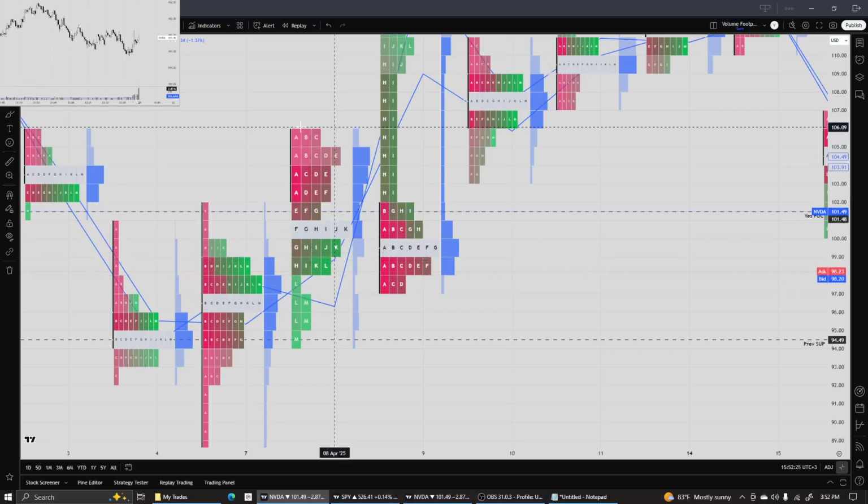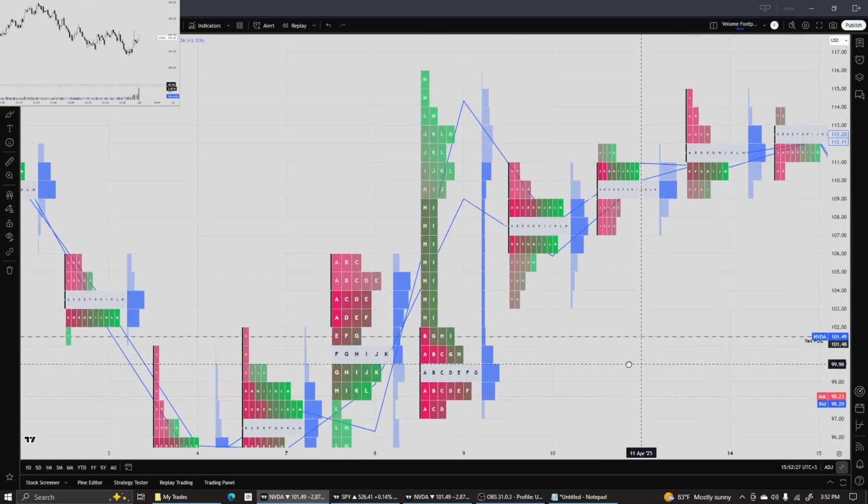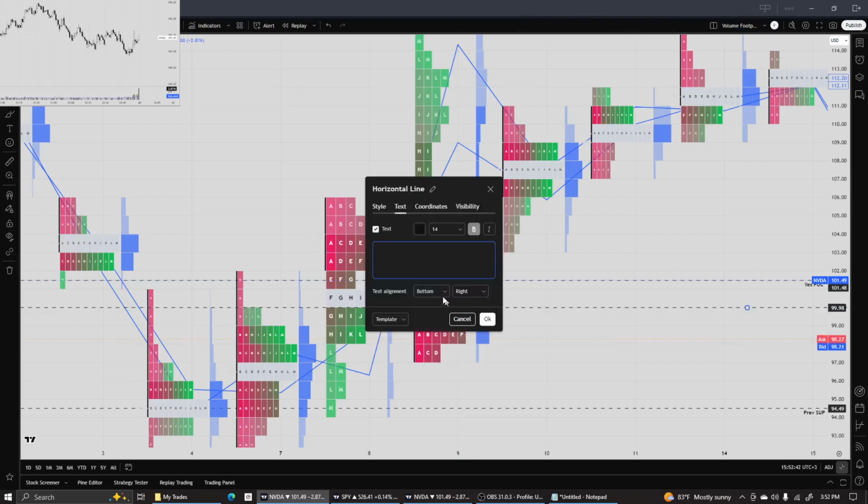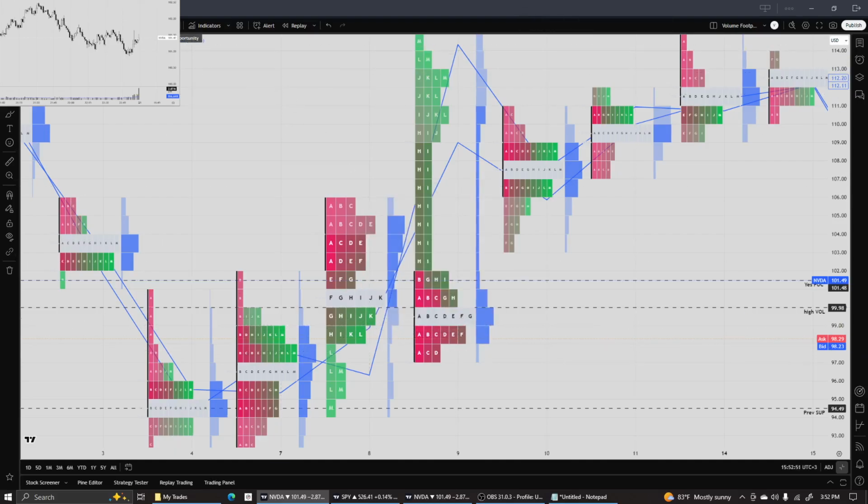This day it tried going higher, and this day it just blew up. So I will mark 100 as the value area. I feel like that's where the chart is interesting. High volume. This was based on the TPO.